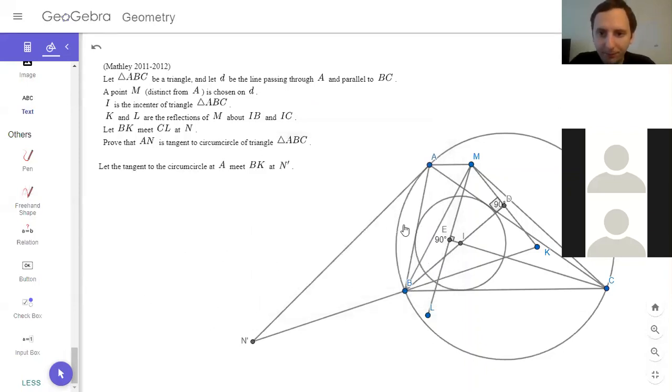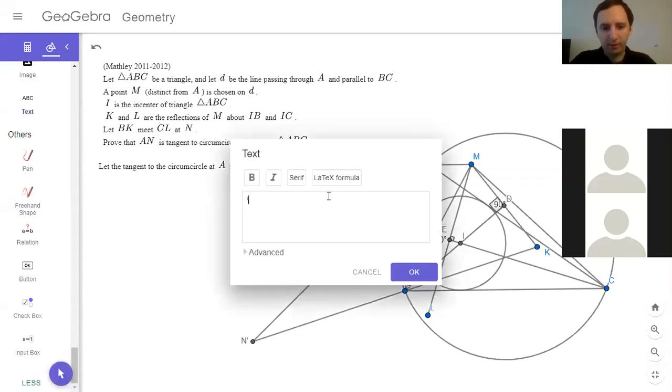And then angle MAC is equal to angle ACB, which is equal to angle N prime AB.